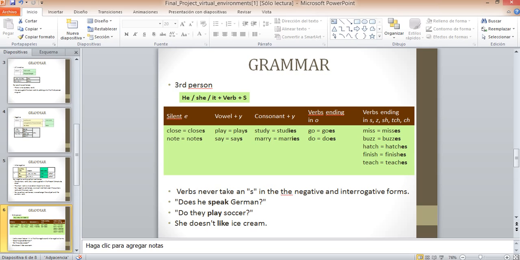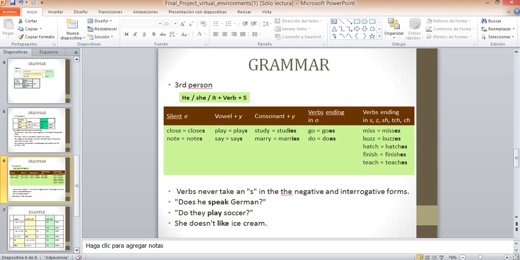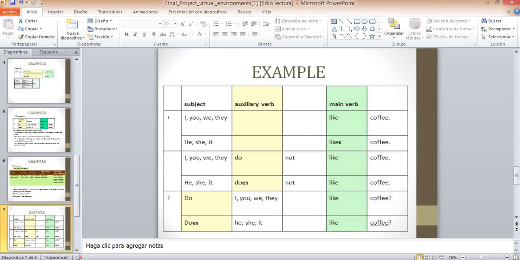We have another example here. Do they play soccer? Or she doesn't like ice cream. These are examples for that rule. We have a better example of the lesson here in that square.